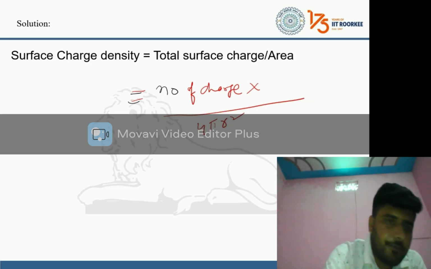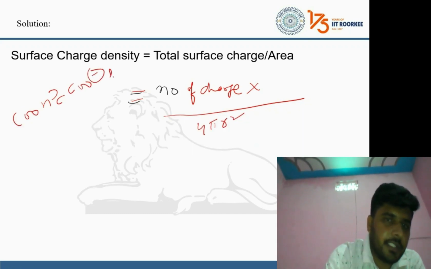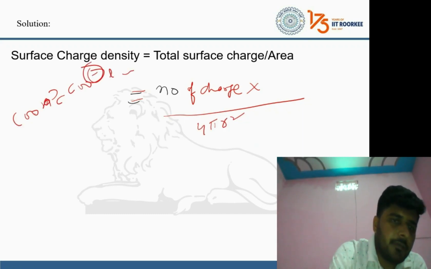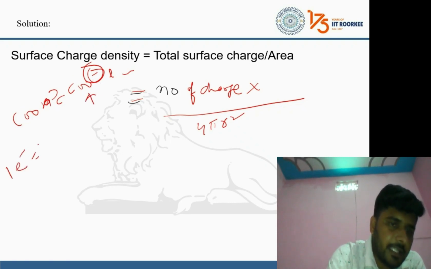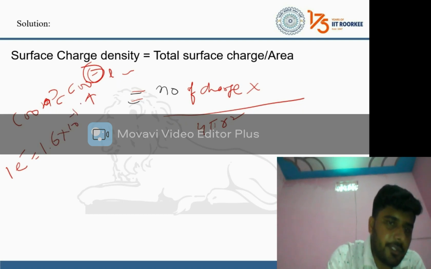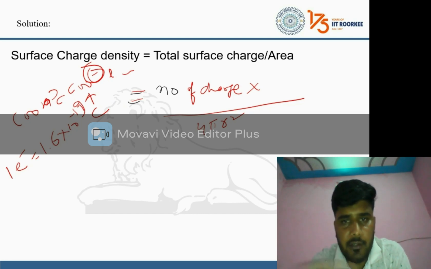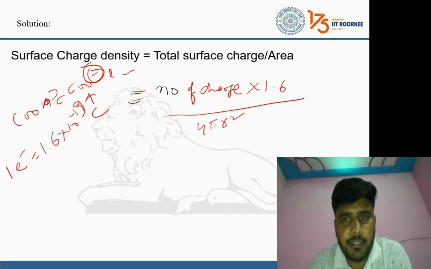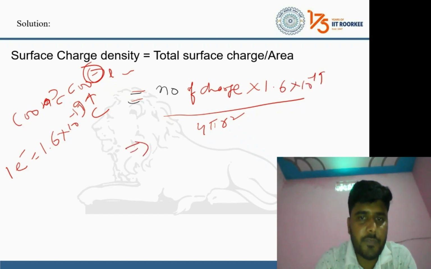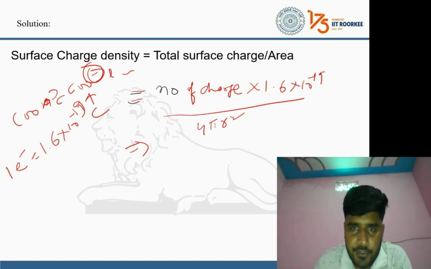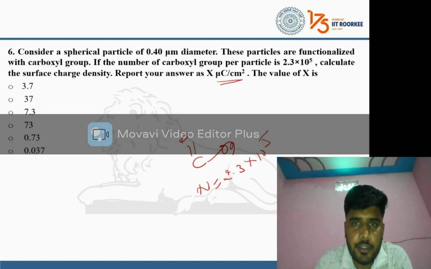The carboxylic acid group has a negative charge, basically one negative charge, and one electron has 1.6 into 10 to the power minus 19 coulomb. To calculate the total surface charge, you multiply by 1.6 into 10 to the power minus 19. Let me check the number of carboxyl groups per particle.